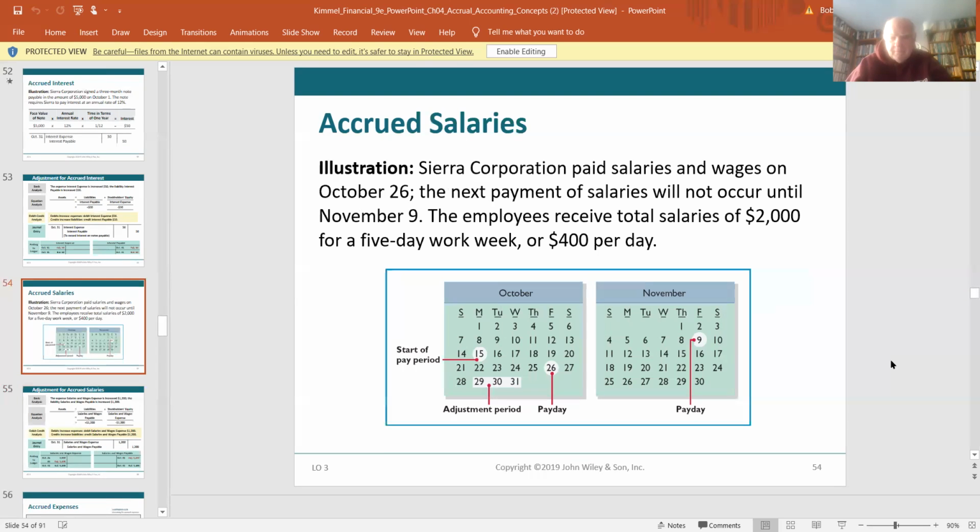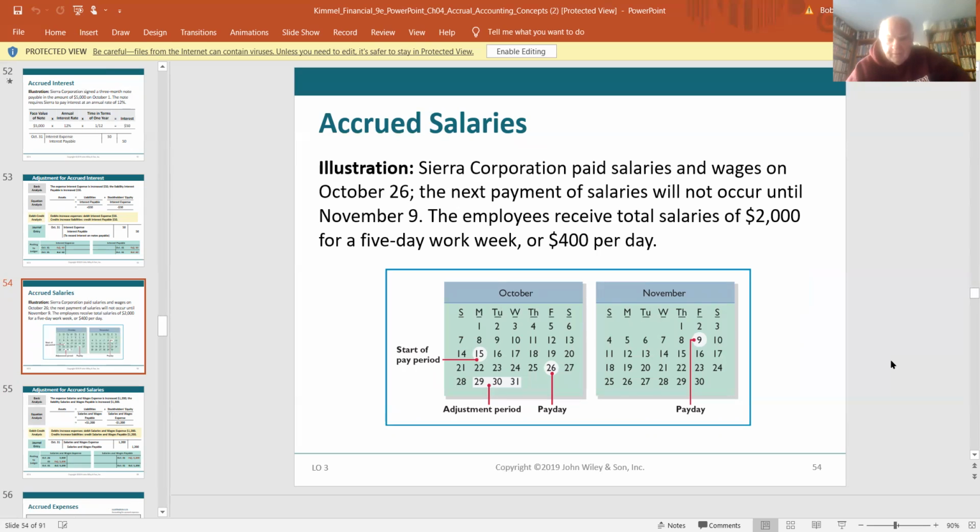Well, that's money that you earned in that month, but you're not going to get paid for it for another week or maybe two, depending on your company's policy. So we have to, as a company, recognize that you worked from the 27th through the end of October, and that money needs to be accrued in October.